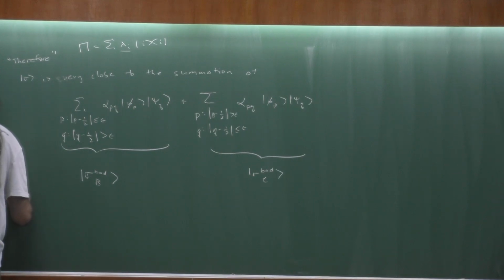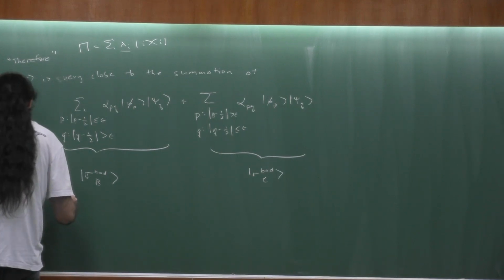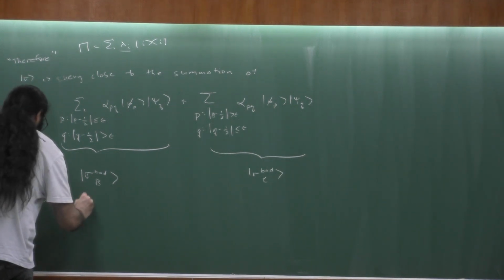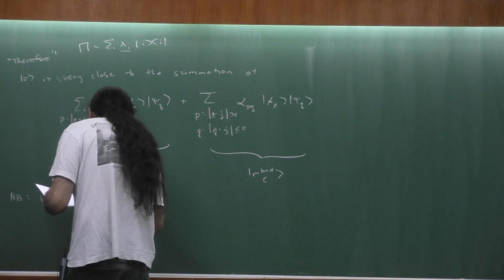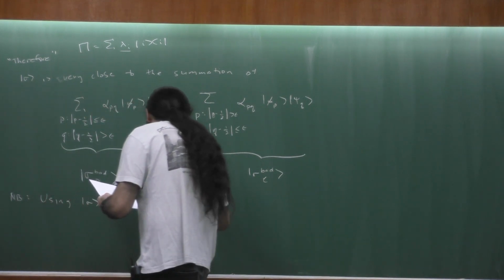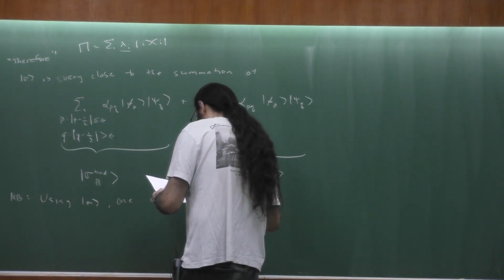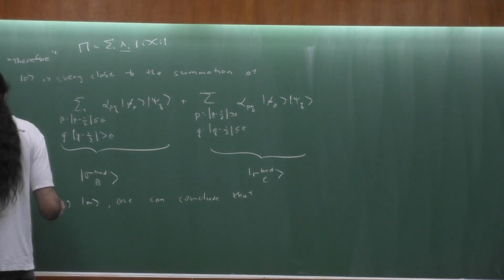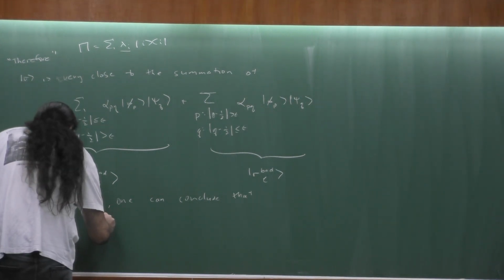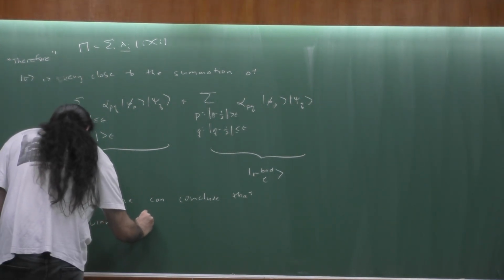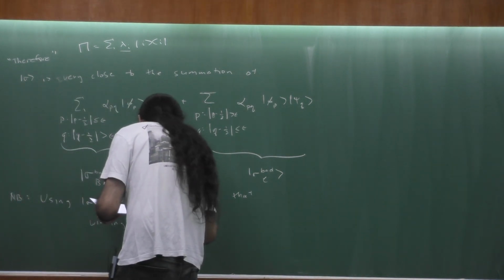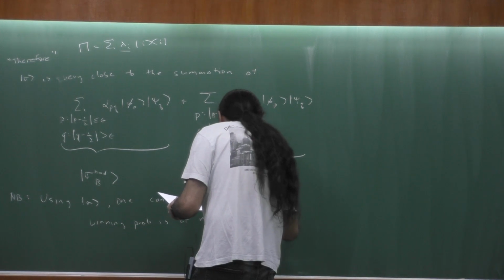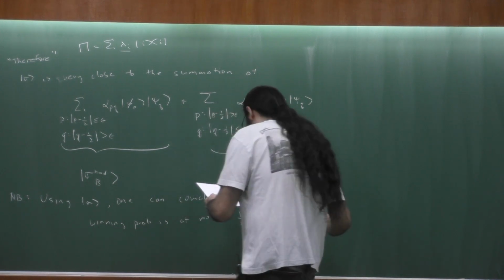From this one can conclude that the winning probability is at most half plus epsilon for any epsilon.